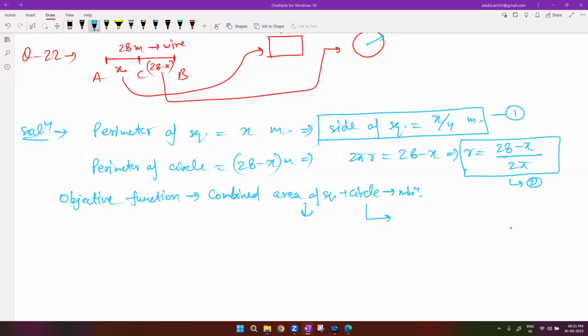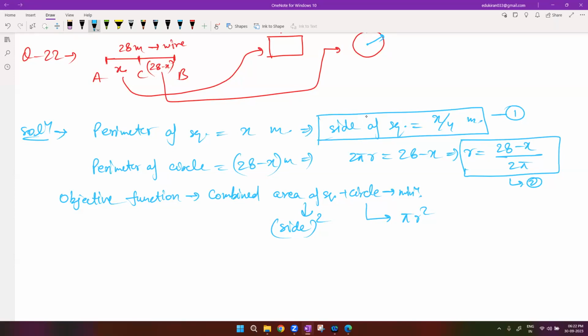Correct, Shahid. Side square. And what would be the area of the circle, Tharif? How do we find out the area of a circle? Any circle? Area of circle is pi r square. Pi r square, correct? So we want this combined to be minimum, right?